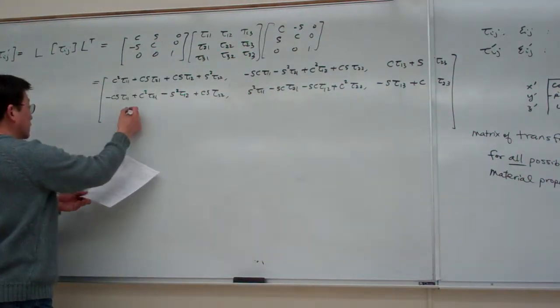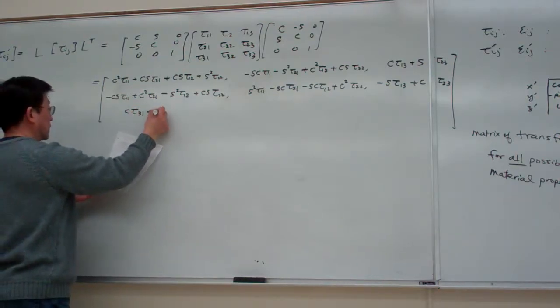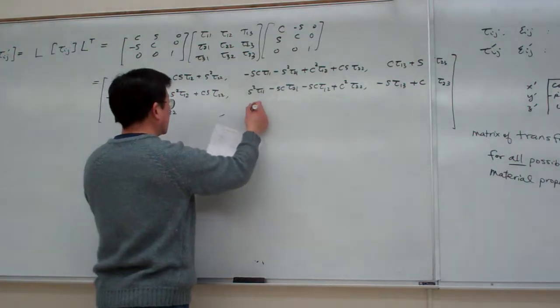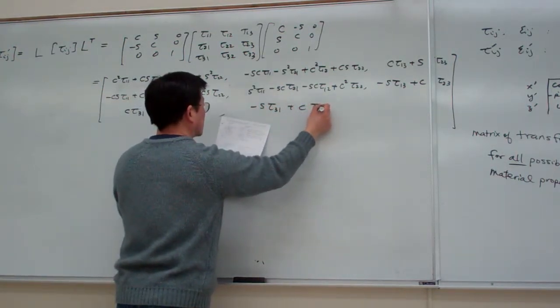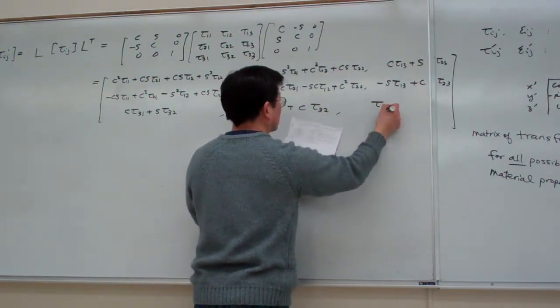The last one will be easy: C tau 3 1 plus S tau 3 2, then minus S tau 1 3 plus C tau 3 2, and then tau 3 3.